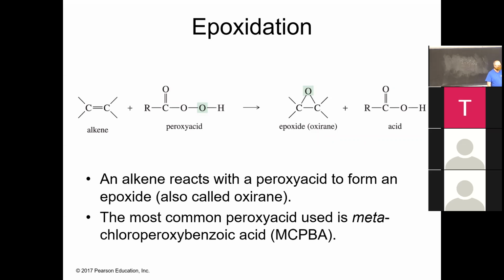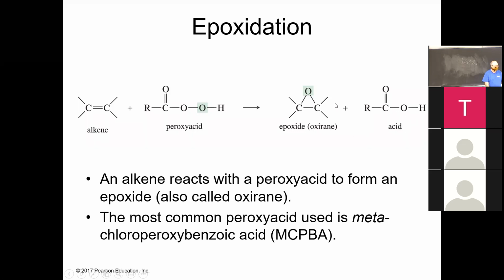Right, epoxidation, this is another lab we're going to be doing this semester. This uses a peroxy acid. This is like a carboxylic acid, except that we have an extra oxygen, which is color-coded here in green.